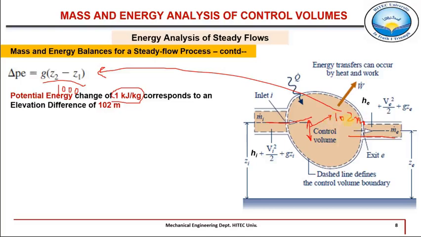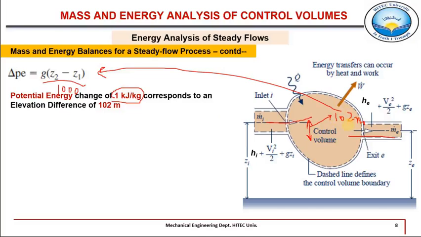So only in the case of hydraulic turbines is this change in height significant. It could be in thousands. In that case, this change is not negligible, but in other thermodynamic systems, like the devices used in steam turbines or gas turbines, the change in potential energy from inlet to outlet is negligibly small because of the smaller change in height.